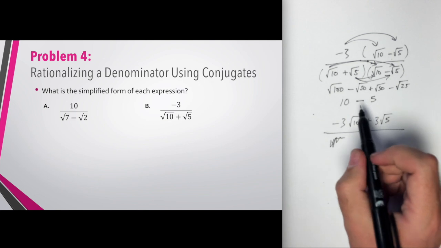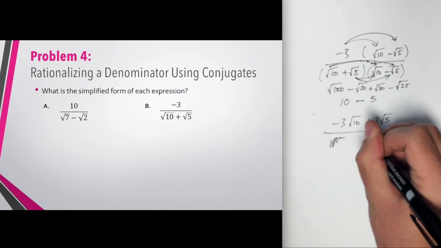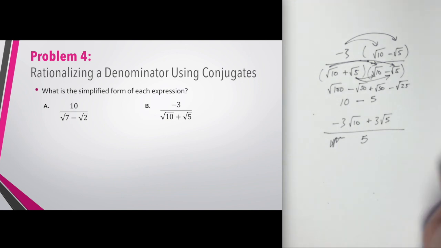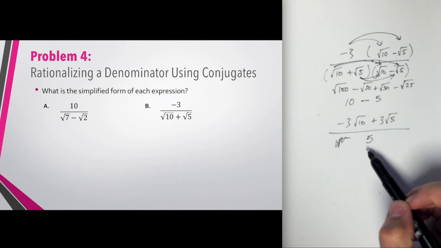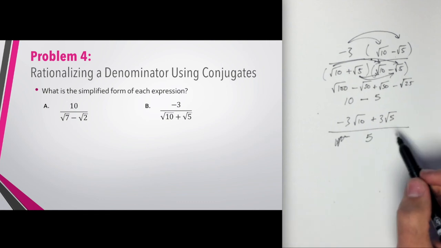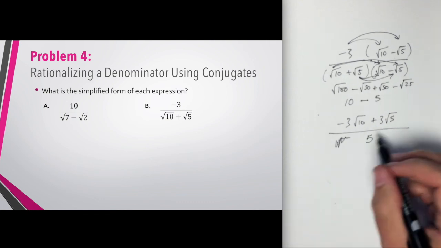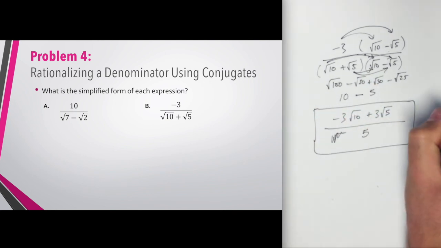And so just as I told you, it's going to become 10 minus 5, and the answer to that goes underneath here. So looking at this, negative 3 won't divide by 5, 3 won't divide by 5. You can't break down 10 or 5 anymore as the radicands. So this becomes your final answer.